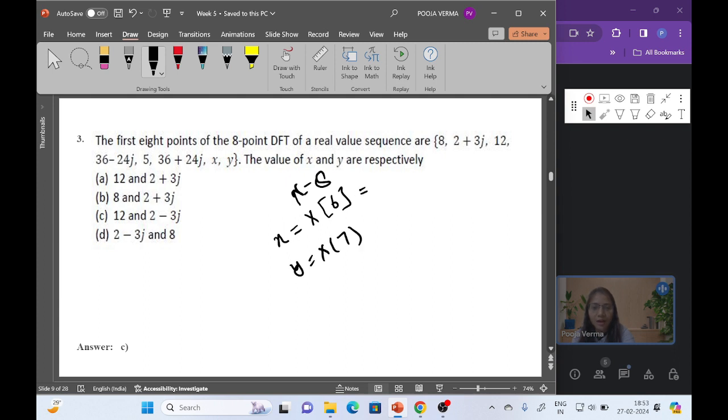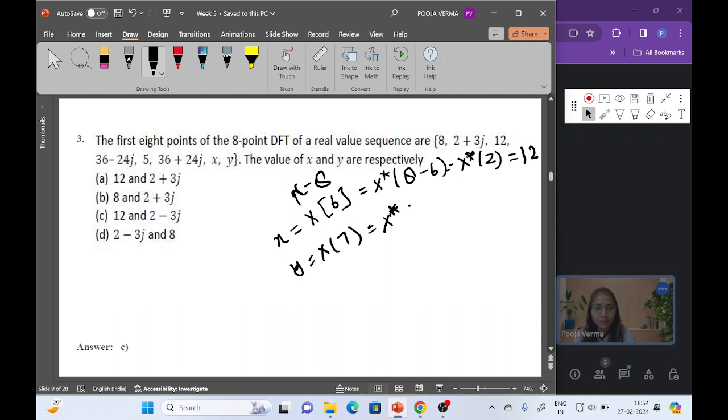Then how will we find this? X(6) is the conjugate of X(8 minus 6), which is the conjugate of X(2). And what is the value of X(2)? 0, 1 and 2, this is 12. Similarly, we need to find X(7), that is the value of y.